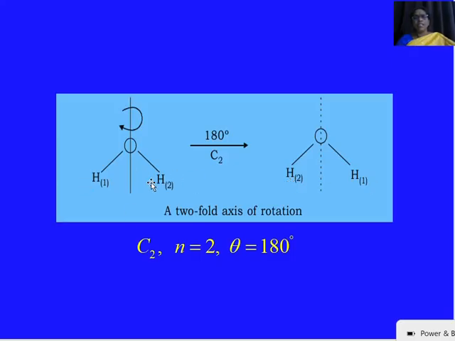Just by 180 degrees they have interchanged their places. This configuration is said to be an equivalent configuration. Since by rotating through 180 degrees we have got the equivalent configuration, order n is equal to 360 divided by 180, which is equal to 2, that is a C2 axis of symmetry.